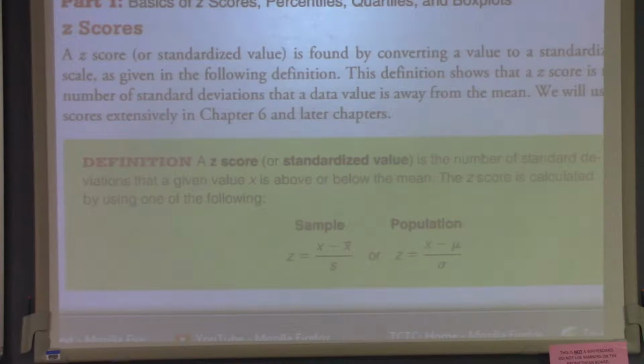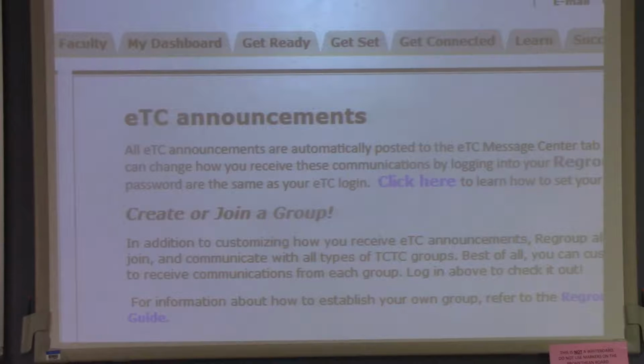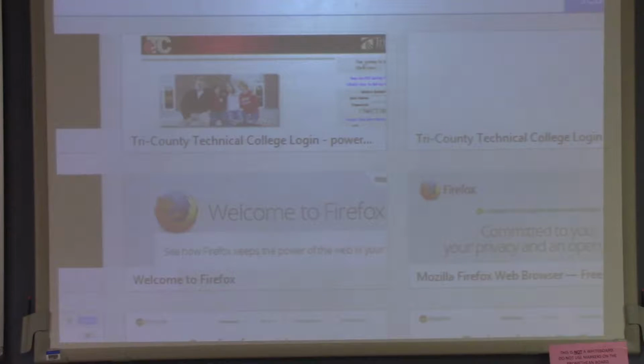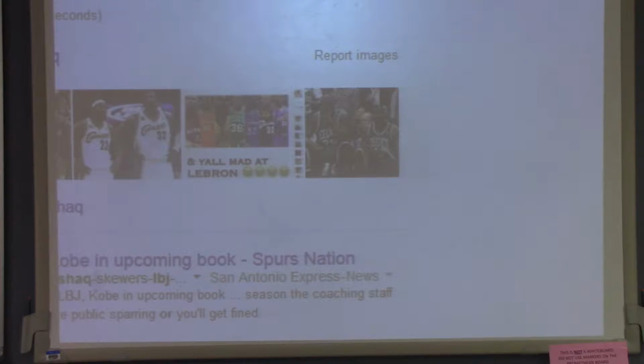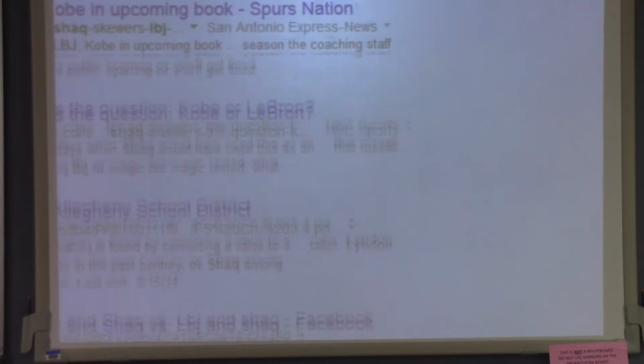So I'll go to my handy dandy Google do-jigger, and we'll just type in LBJ versus Shaq. See if I can pull it up that way. Z-score.